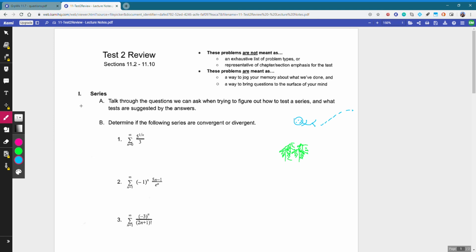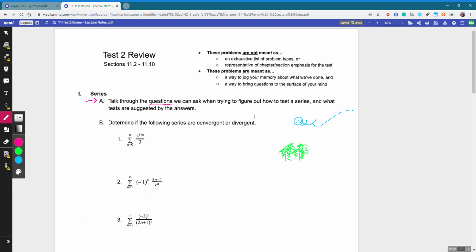And so to start, I want to take a minute and think about these questions that we had figured out are helpful questions to ask when trying to get a feel for what might be a useful way to analyze the series and test it for divergence or convergence.